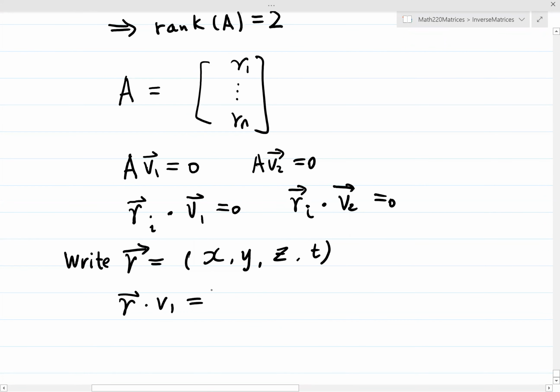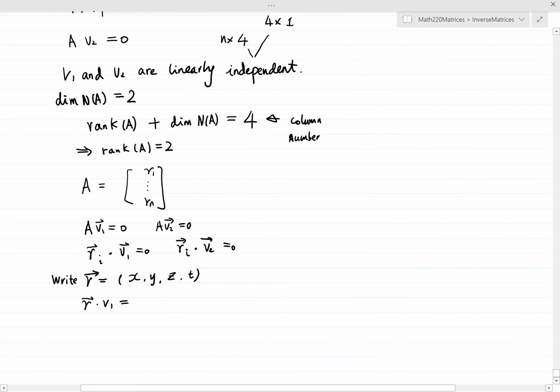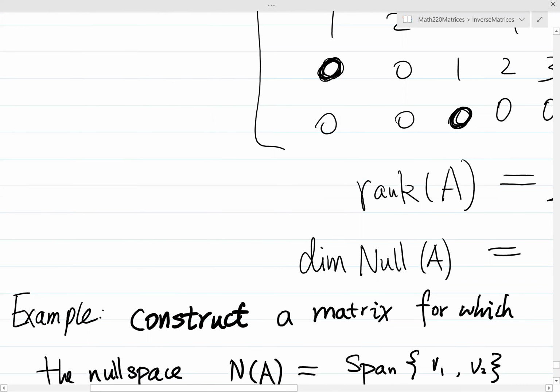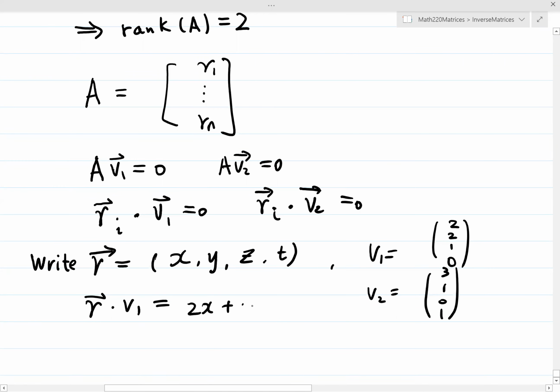Let me copy V1 and V2 here: V1 is (2, 2, 1, 0), V2 is (3, 1, 0, 1). Taking the dot product, R dot V1 gives 2x plus 2y plus 1 times z, and there's no t, so this should be 0.